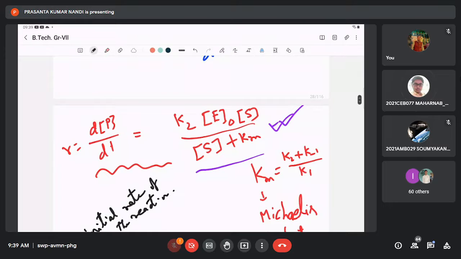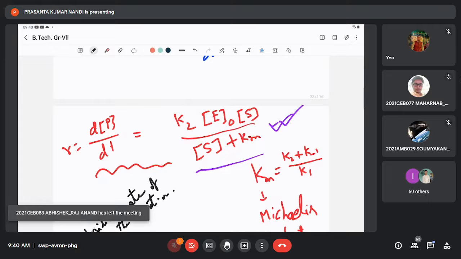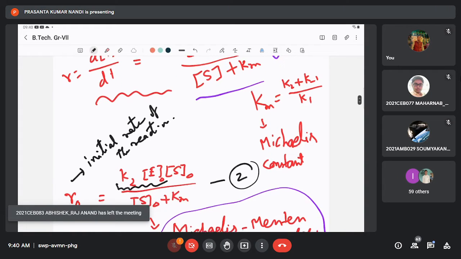R is the reaction rate at any time, this is simply R. But whenever we are labeling R0, it indicates the initial reaction rate, that is at the very beginning of the reaction.